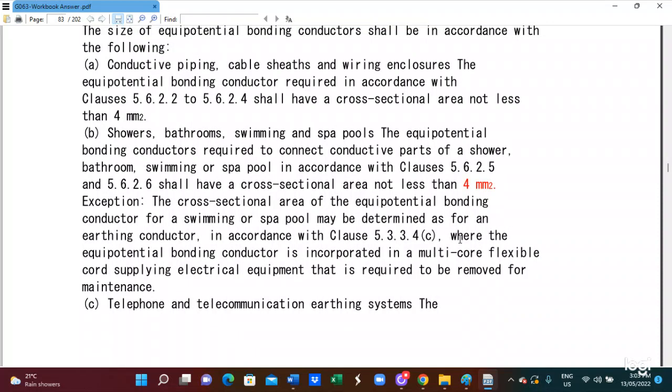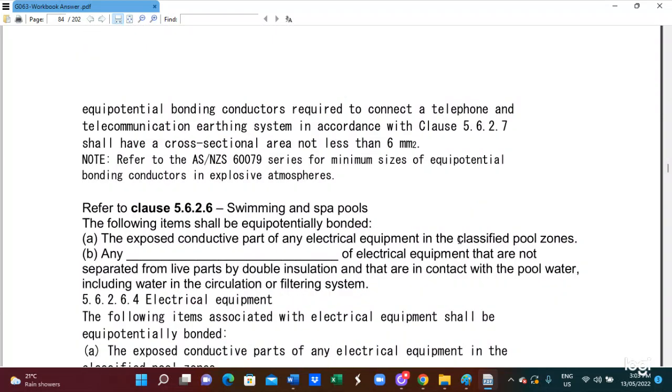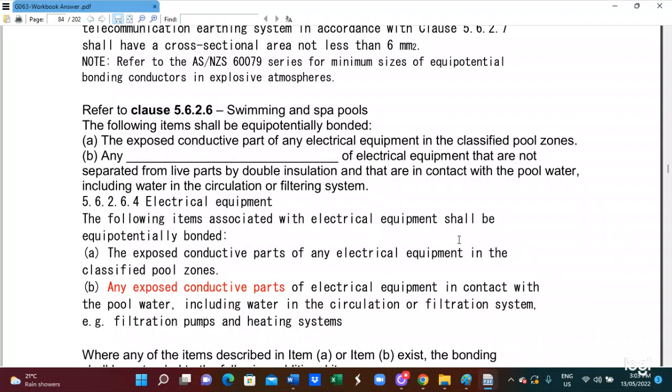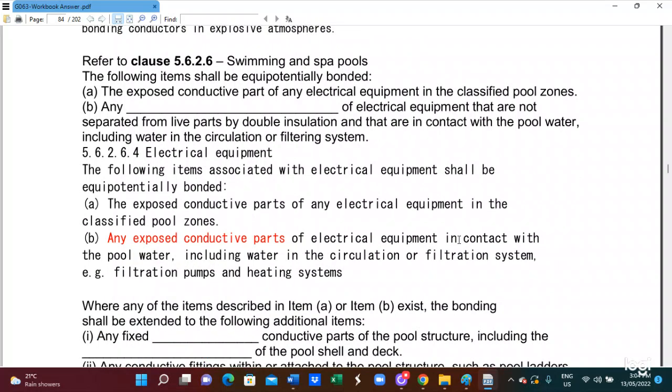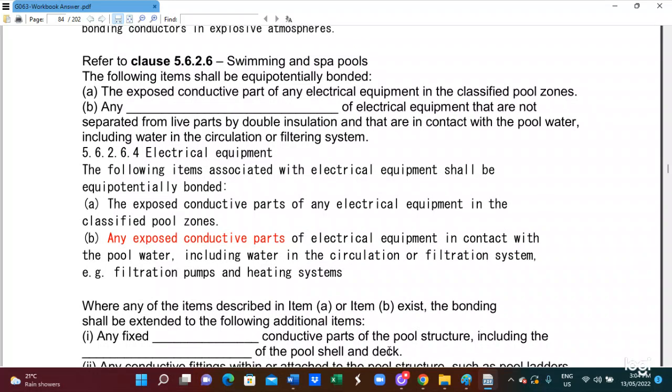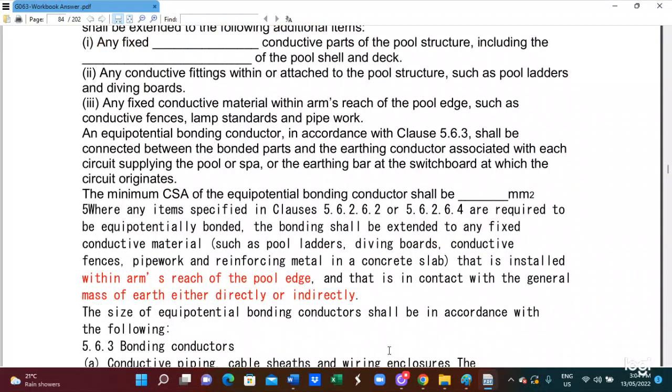The cross-sectional area of the equipotential bonding conductor for a swimming pool may be determined as for the earthing conductor. Also for swimming pools you have to refer to clause 5.6.2.6, which covers how to run the electrical equipment, what is any exposed connected part, and how to connect it to the earth connection, for the swimming and spa pool.